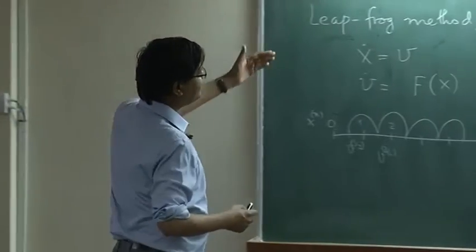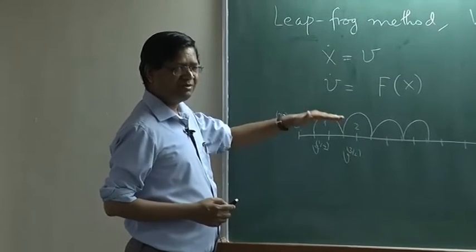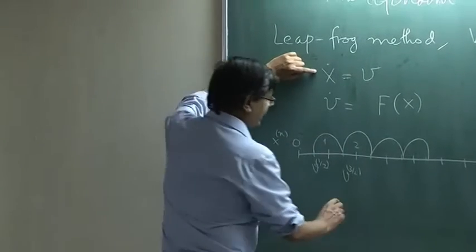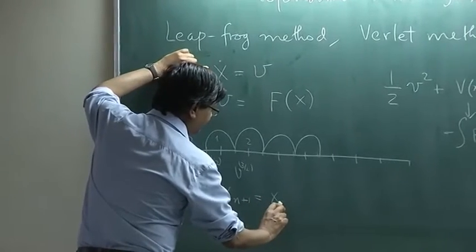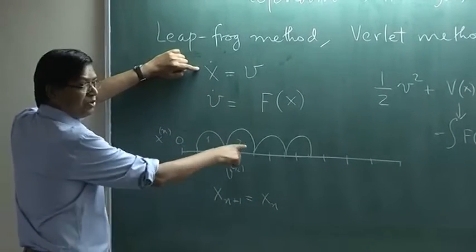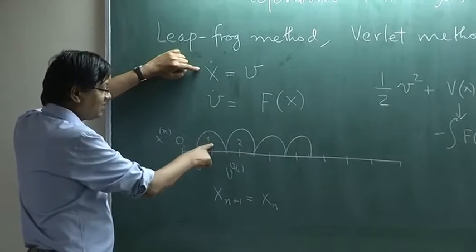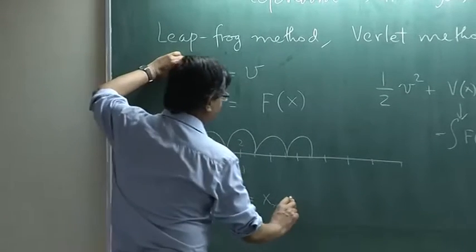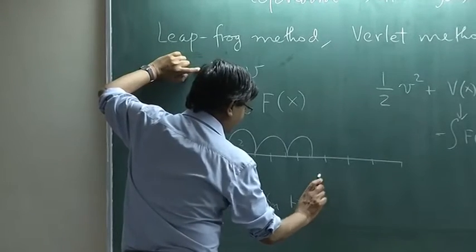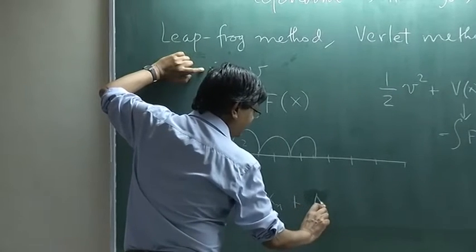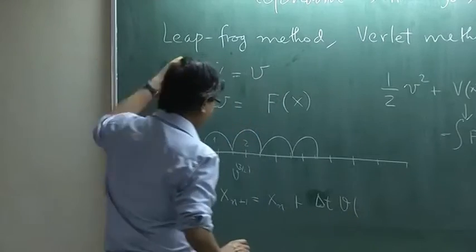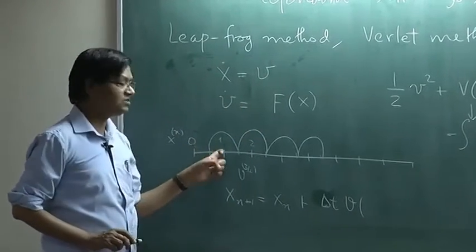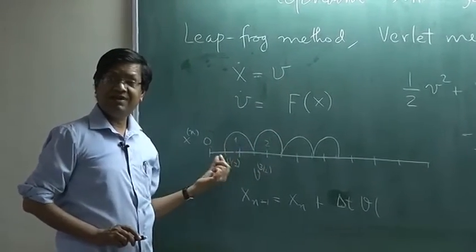So how do I write my time stepping scheme? x_{n+1} is x_n, because my x is at the integer grid points, plus delta t times v, but velocity is not there at the grid points, it is at half grid points.